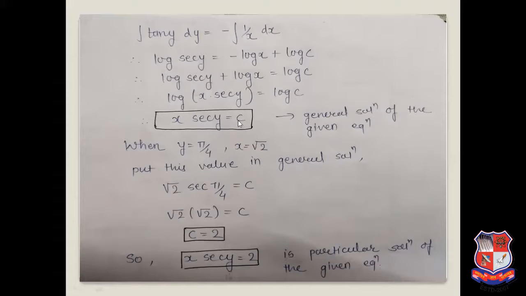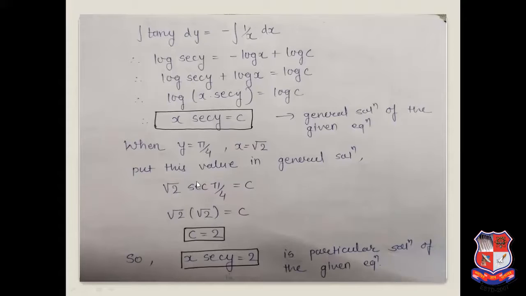But in this example, they have given particular values. That means here we also have to find the particular solution for these values. The values given are y equals pi by 4 when x equals root 2. So we put these values in the general solution and get root 2 sec pi by 4 equals c.